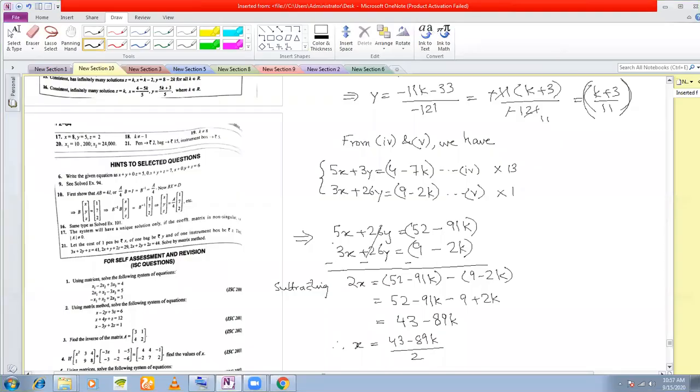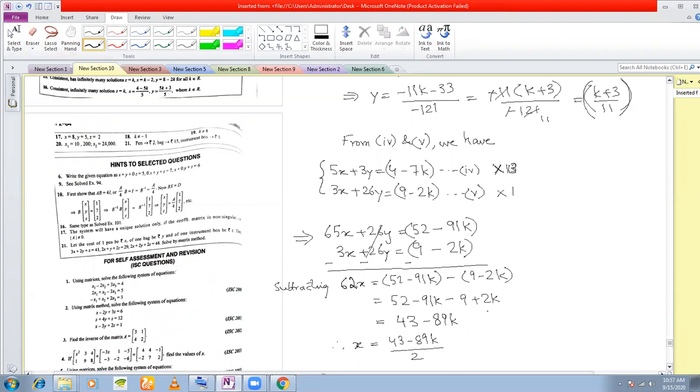I have not multiplied. The mistake here was that when I'm multiplying this by 13, I need to multiply everything by 13. So I've not multiplied. 13 into 5 is 65x plus 26y is equal to 52 minus 91k. Now if you subtract, you get here 65 minus 3, which is 62 actually.